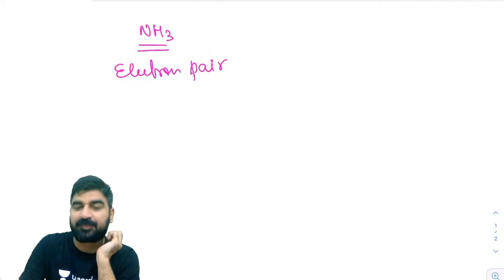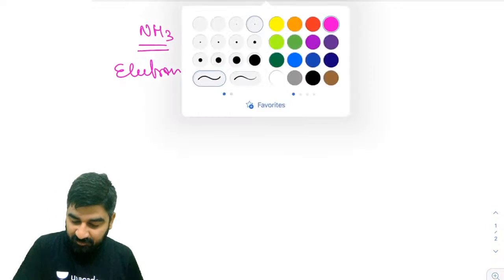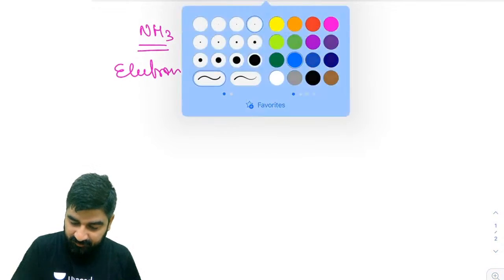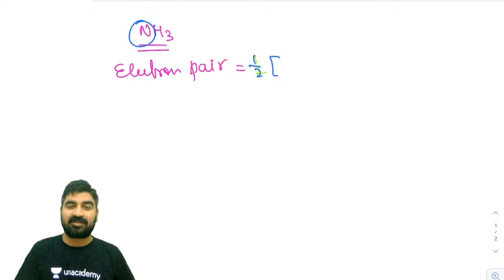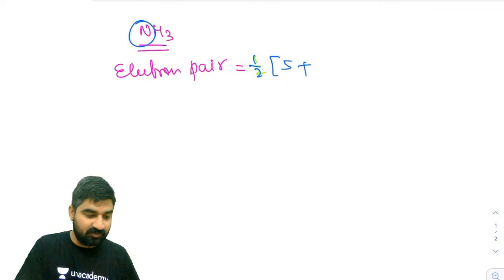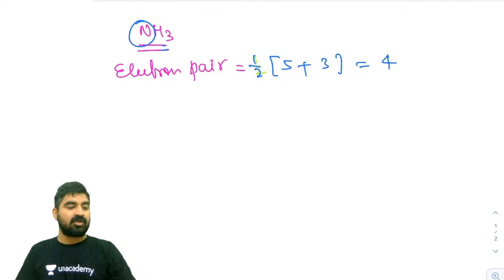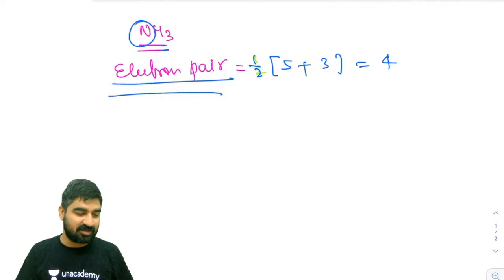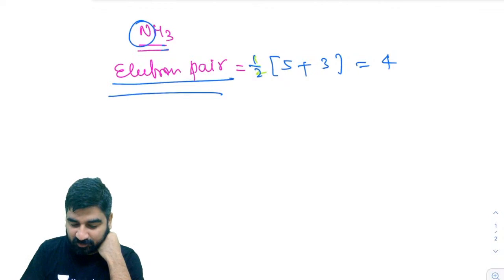For NH3, I will simply write half. How many valence electrons are there? You have 5 valence electrons, then we have 3 hydrogens. It will be 4. So you will get the electron pairs. First of all, you should try to understand how to calculate electron pairs.